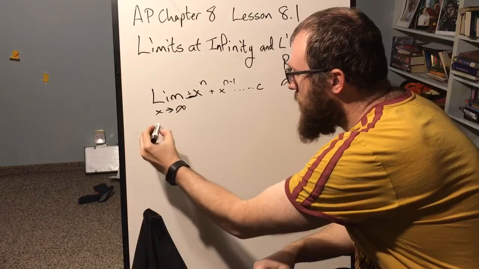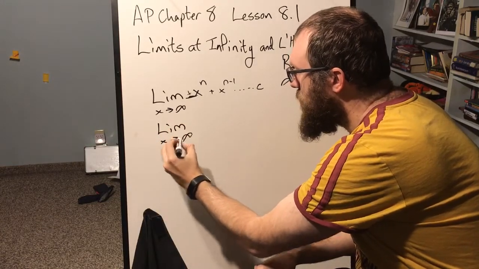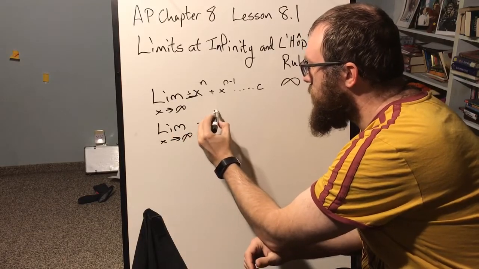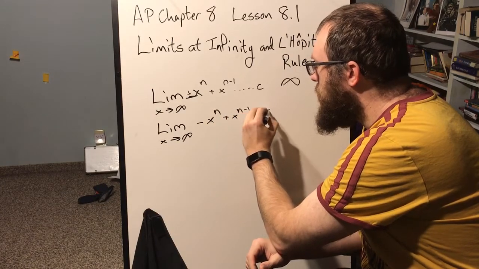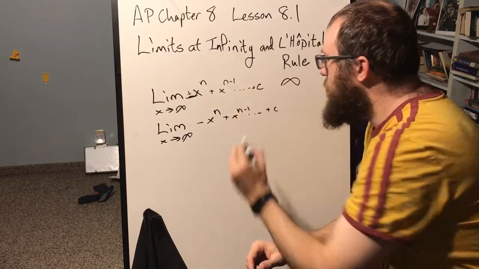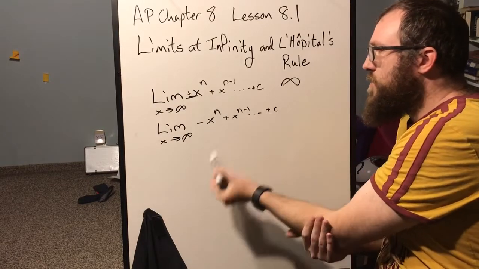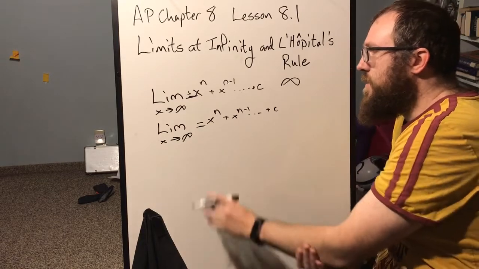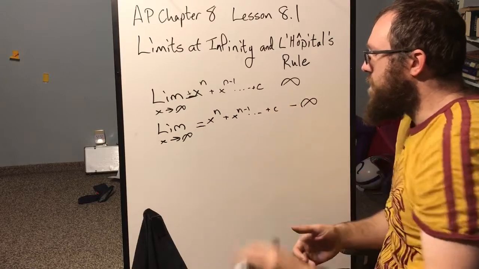If you have a limit as x approaches infinity of some sort of negative polynomial, so your leading coefficient is negative, whatever the polynomial is, whatever the powers are, it doesn't matter. This negative right here, the leading coefficient, controls the entire answer.